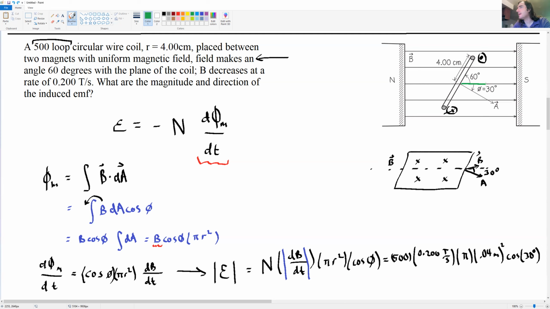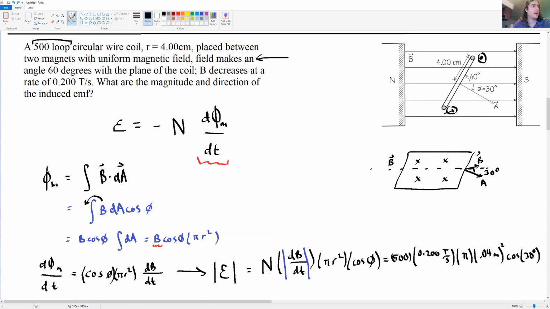This is the magnetic field here, and this is the area vector here. The angle between them was that phi. I know 60 degrees was given in the problem. Maybe that was a little confusing, but I think most of you got it. So it's that 30 degrees that's important there.